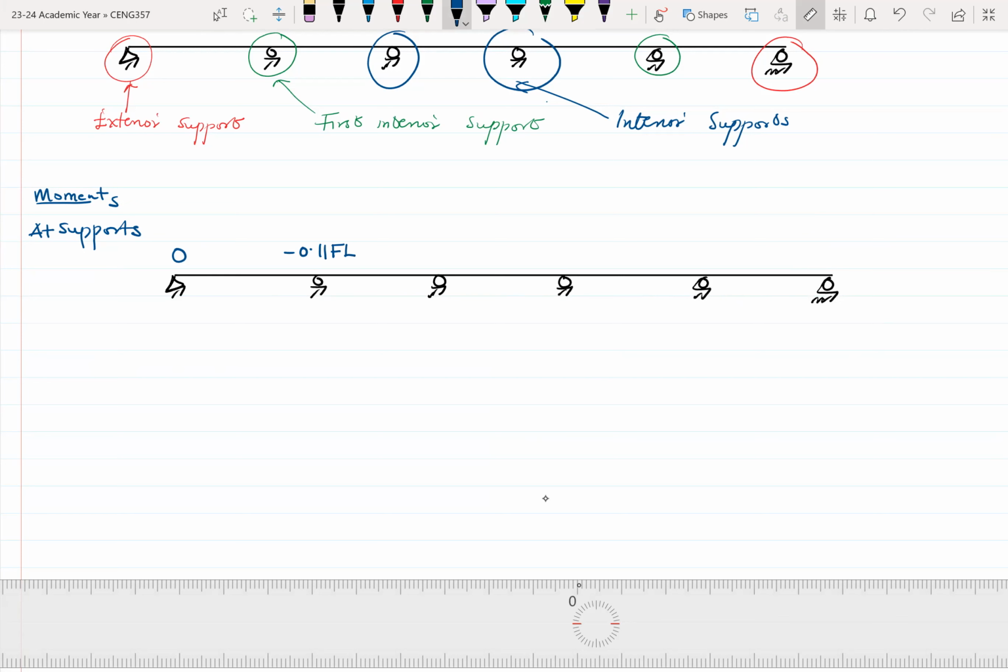I'll explain that shortly. Then it's 0 over here again, and minus 0.11 FL.